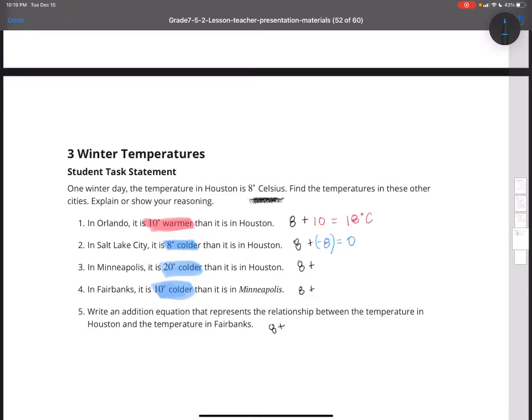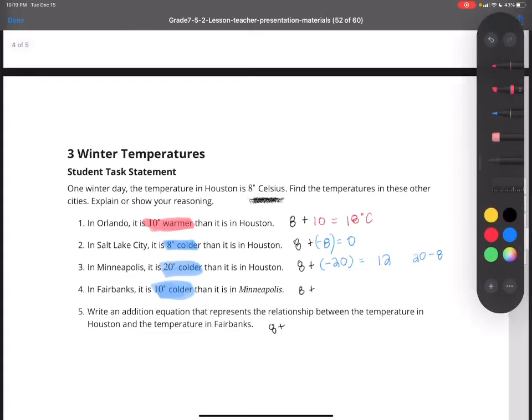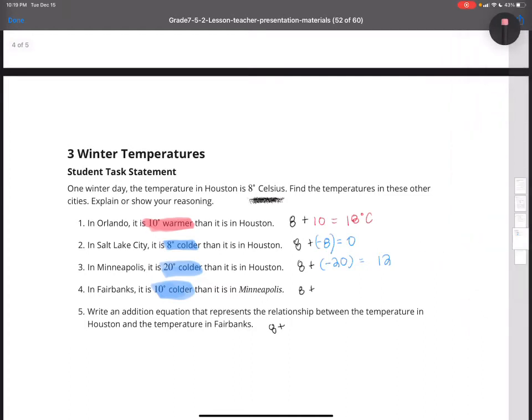So then I have 8 plus negative 20. Now keep in mind that 8 plus negative 20 is almost like me saying 20 minus 8. 20 minus 8 is 12. But if this was on a number line, which arrow would be longer? Would the arrow representing the negative 20 be longer, or the arrow representing the positive 8?